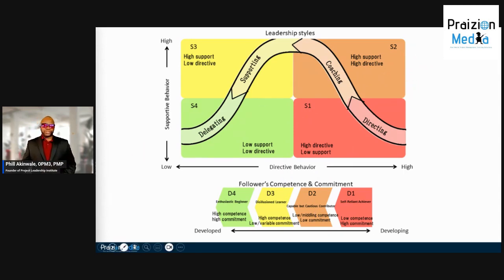It's also referred to sometimes as the selling style. So this describes a leadership approach that is high on both task and relationship behavior. You can see it's right there, high in supportive and high in directive. The leader still maintains decision rights regarding what the follower needs to be doing, how they should be doing it, and when it needs to be completed.